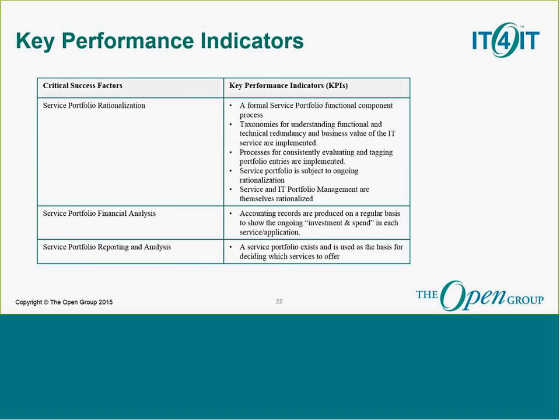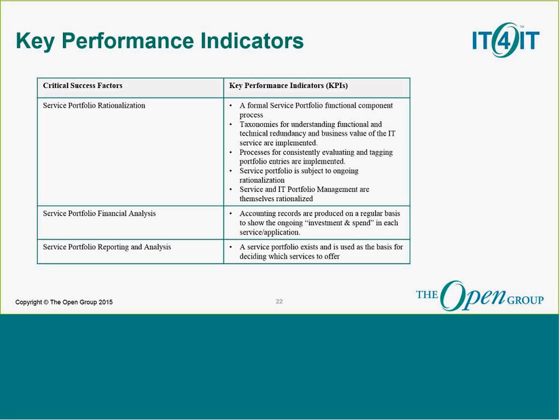So we've outlined some critical success factors and performance indicators for strategy to portfolio. In portfolio rationalization, to succeed at that, we've lined out some CSFs that need to be tracked and followed.